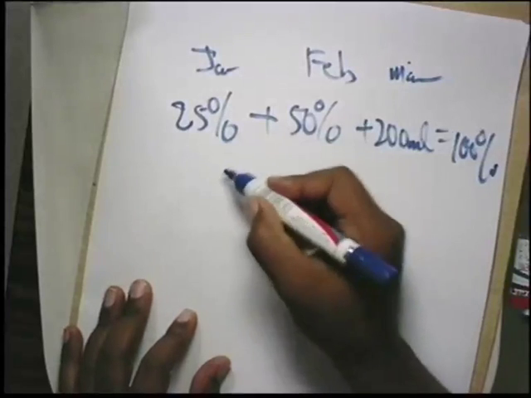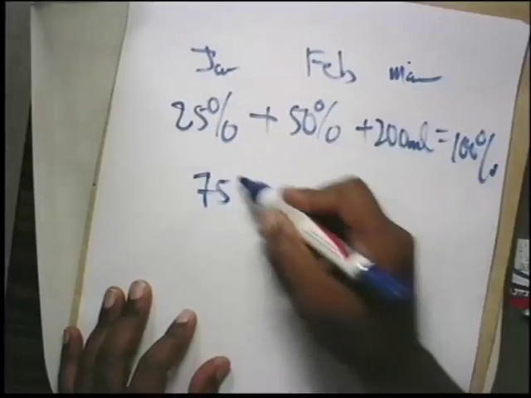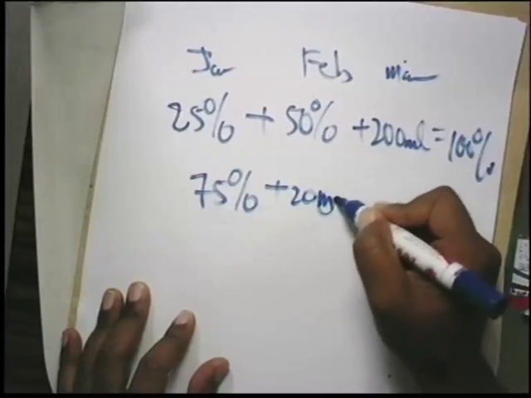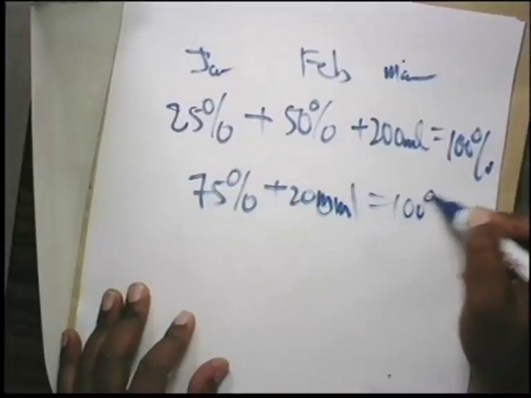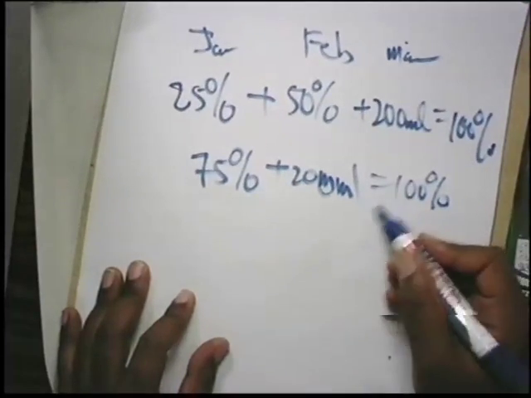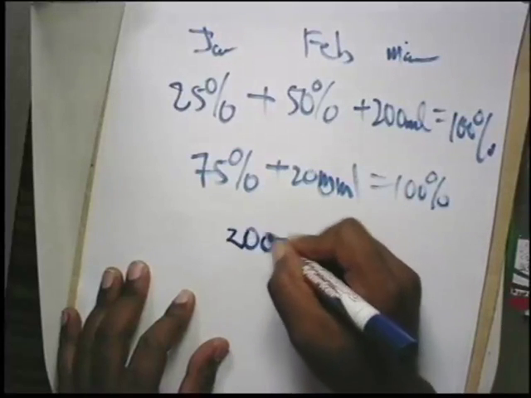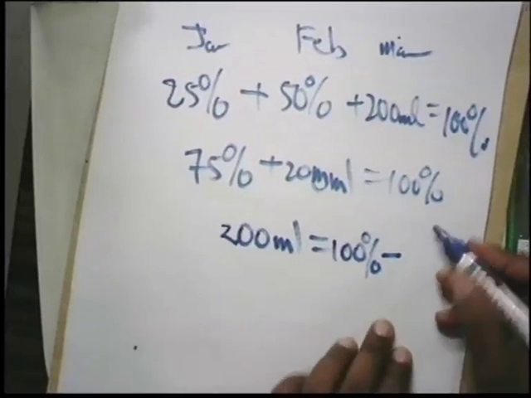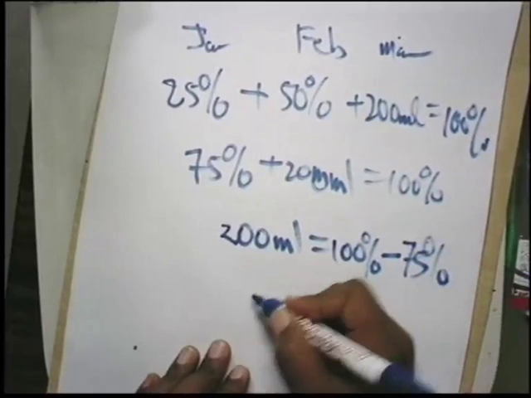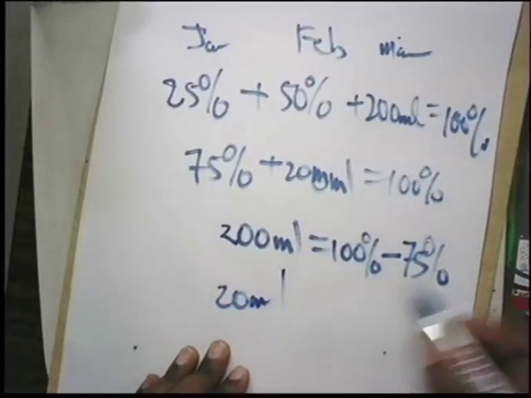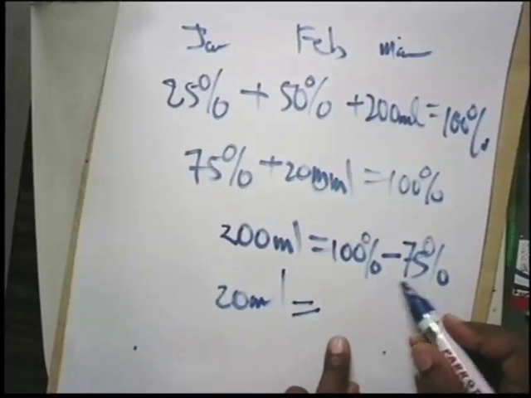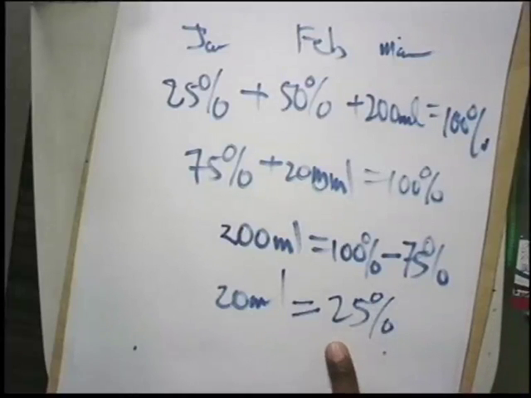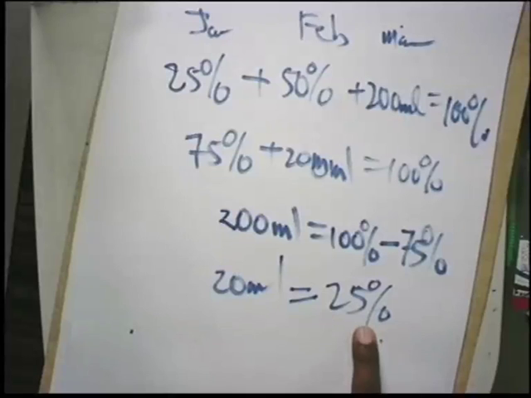So you add these 2 percentages together, you get 75% plus 200 milliliters is equal to 100%. Then you take your percentage to the other side, so 200 milliliters is equal to 100% minus 75%. So your 200 milliliters will be equal to 25%, because you subtract 100 minus 75, you get 25. That means your percentage for March was 25.